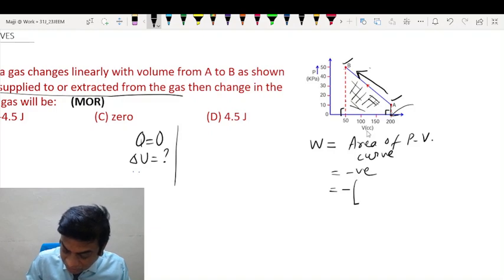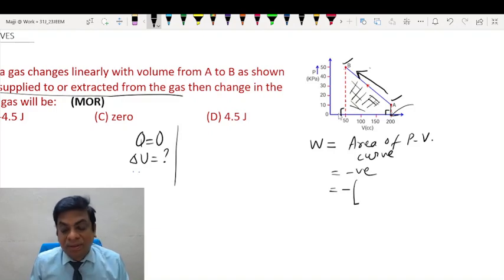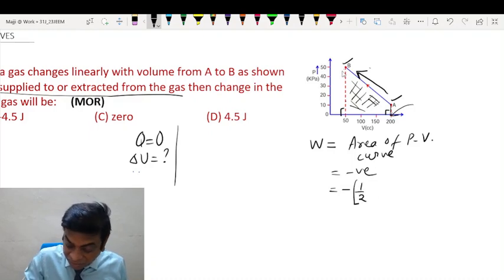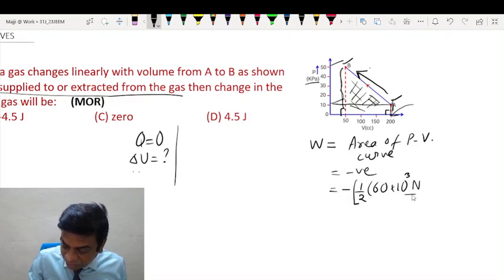Work done by the gas will be, here you can see the figure is a trapezium. So applying the formula for the area of a trapezium, that is half into the sum of parallel sides, this side is 50 cc and this side is 10 cc. So 50 plus 10, that is 60 cc. 60 kilopascal, kilo to be converted into 10 power 3.